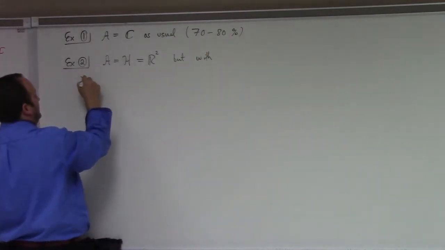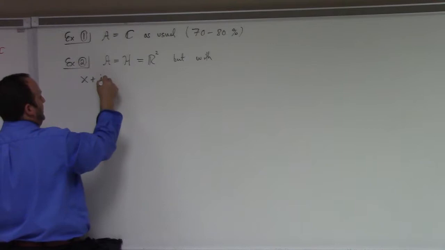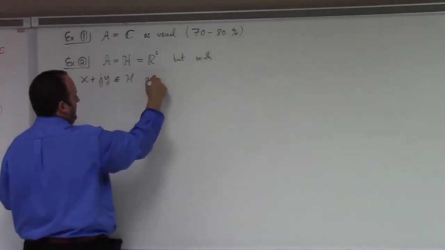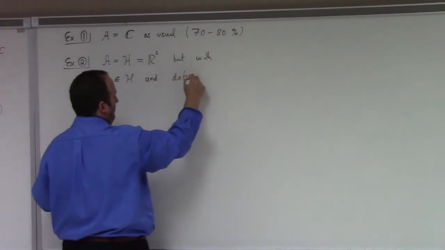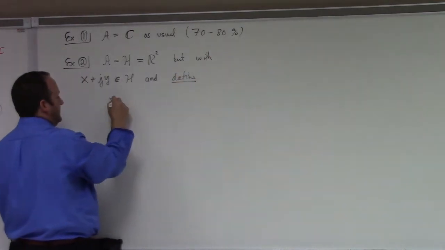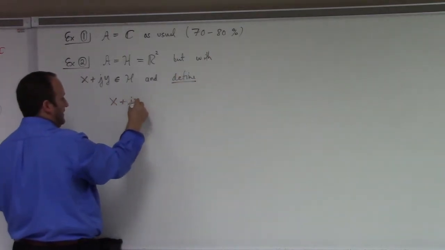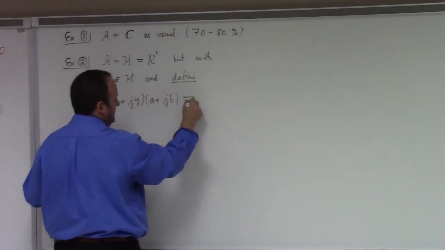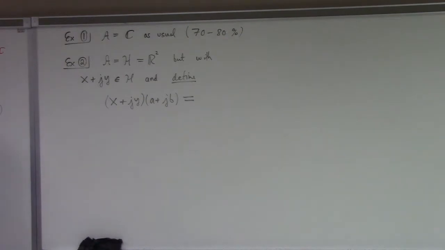So we say x plus jy is an element of H, right? And define, here's the way it works, x plus jy times a plus jb equals 2. And so here's a quick way to remember, these are called hyperbolic numbers, all right?